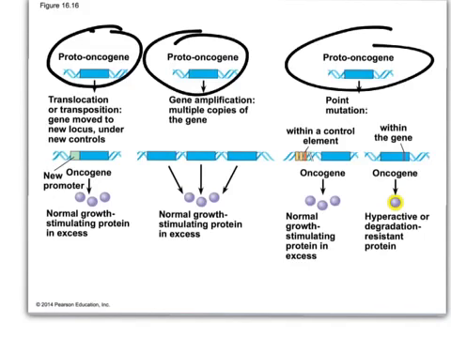But what happens if a chromosomal abnormality occurs, and that gene moves to an area where it's regulated differently? So that RAS, which is normally controlled in a certain manner, is now moved under control of a different promoter that is always on.